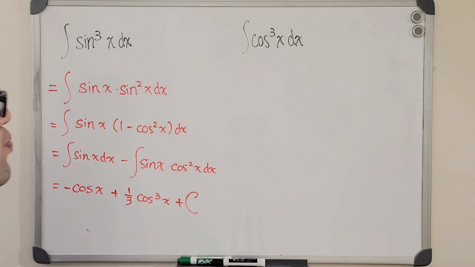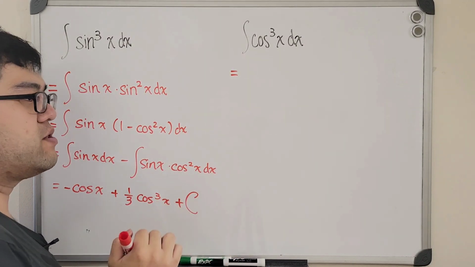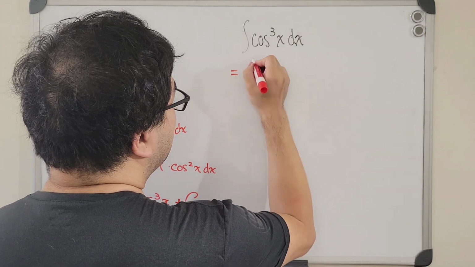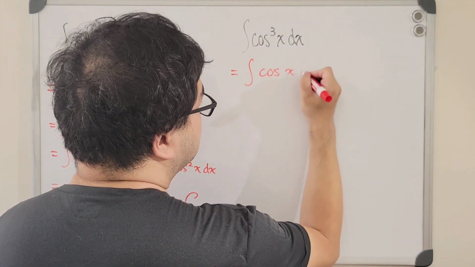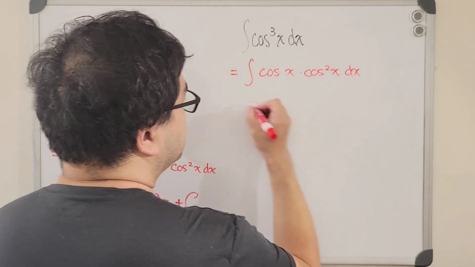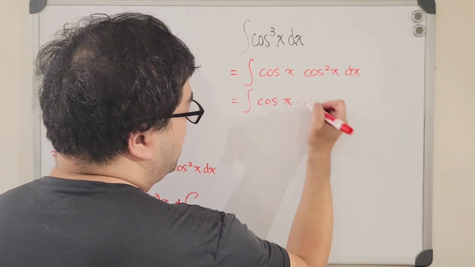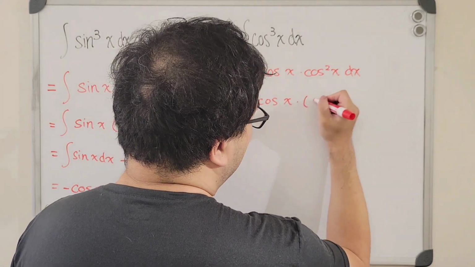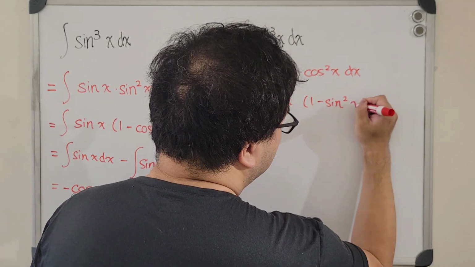And that's it. So for cosine to the third power, or cosine cube, we can actually do a similar thing. We are going to break cosine to the third power into cosine of x times cosine square of x. Of course, we have the dx. And then with the trigonometric identity, we'll rewrite cosine square as 1 minus sine square of x.